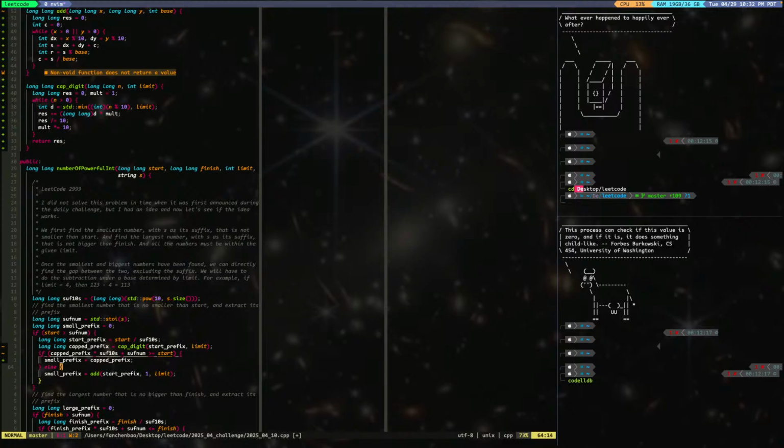I mean, it doesn't really matter, does it? Because the start, I don't really care about the, like, if the suffix is smaller, then yeah, we have to be bigger. If the suffix is actually bigger, then we can remain the same, right? But suffix we cannot change. No, we cannot.